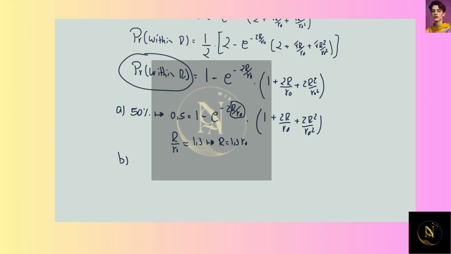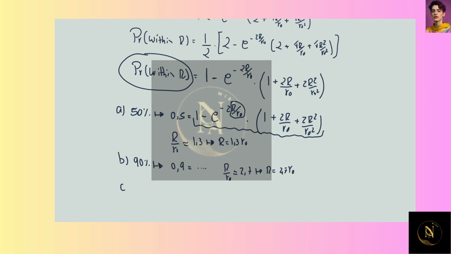In the second item, we have 90%. So, we solve the same equation using 0.9 is equal to the same expression, which is just this other term. By doing that, we get R divided by R0 as being approximately 2.7. Then, big R is equal to 2.7 R0.